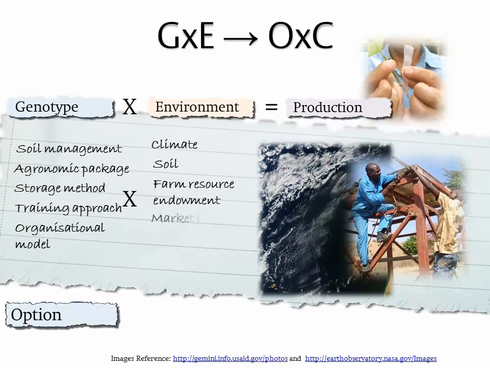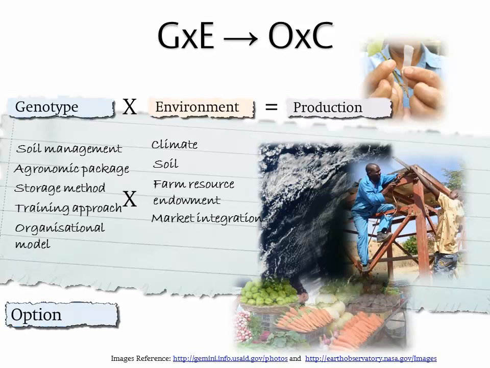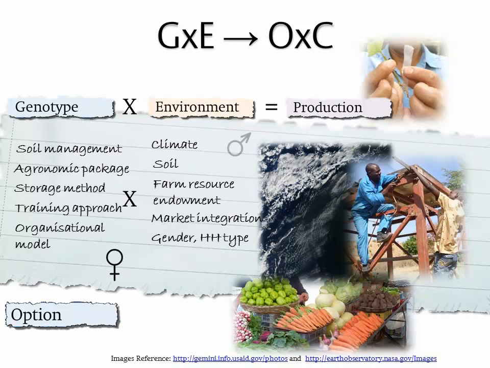The level of market integration of farmers is something else which determines what they're interested in and what they're able to use. We could look at more obvious social variables like gender or the household type or even ethnic group as components of the social environment which will interact with the options.